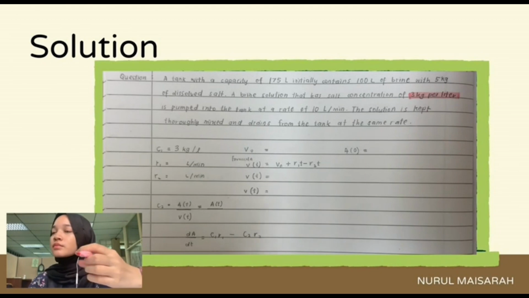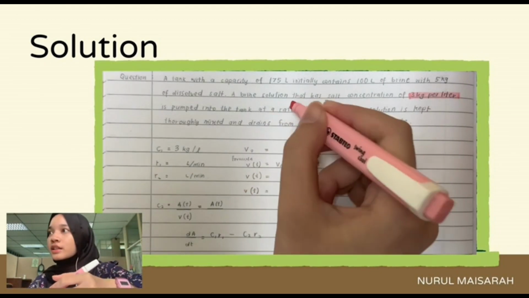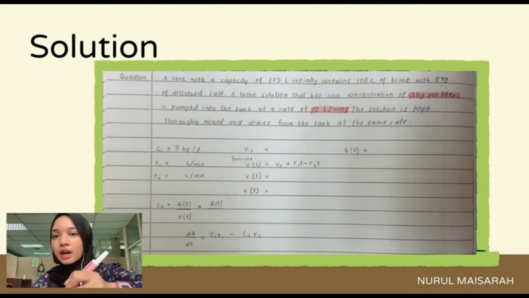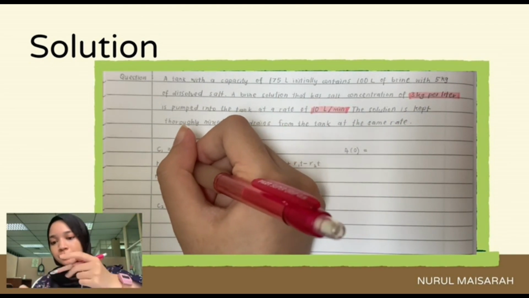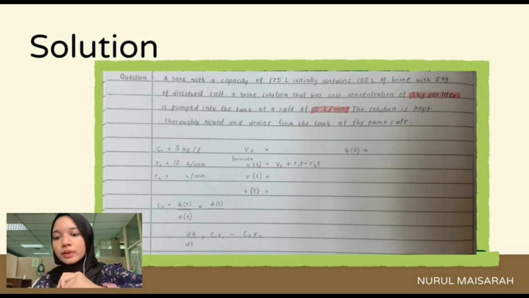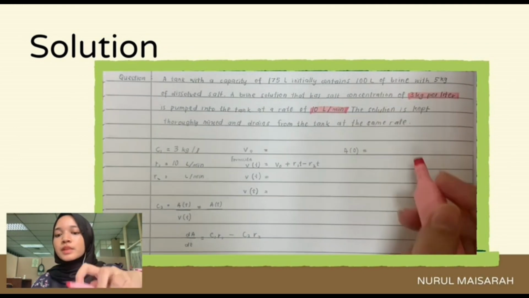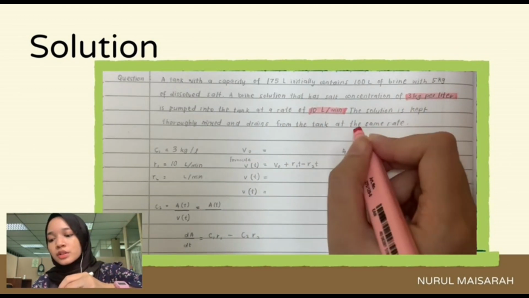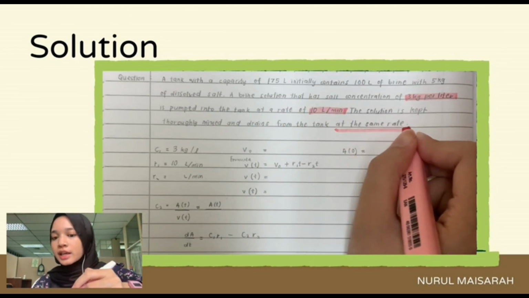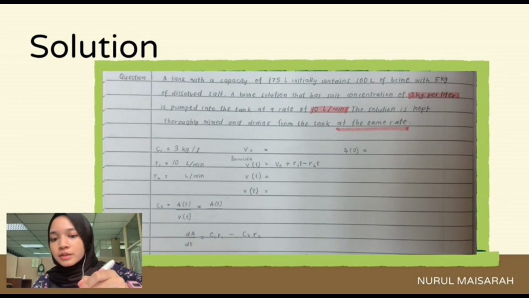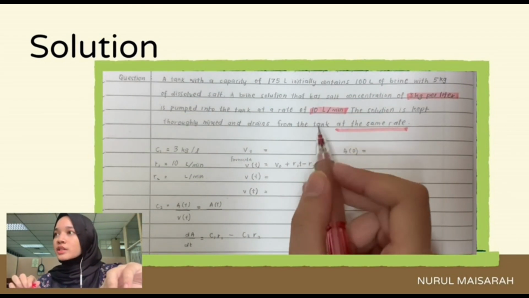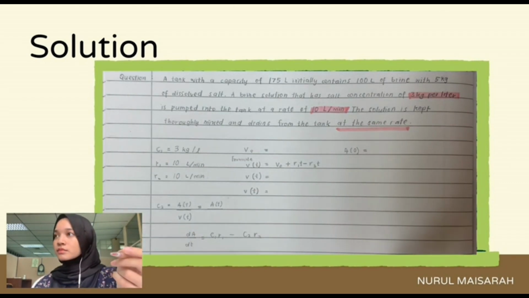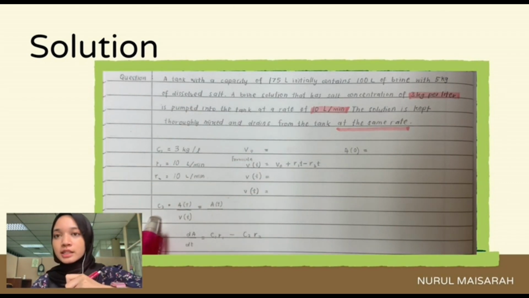Next, it is given that the rate is 10 liters per minute, which is R1. For R2, it says it is thoroughly mixed and drains from the tank at the same rate. So that means R2 is equal to R1, which is 10 liters per minute. And what is missing is C2.